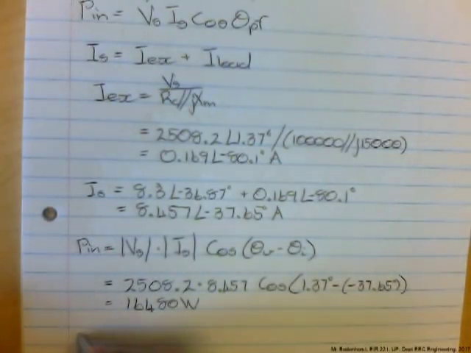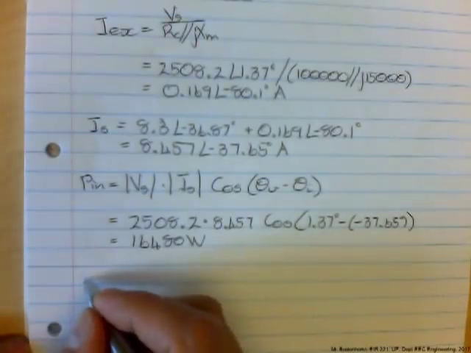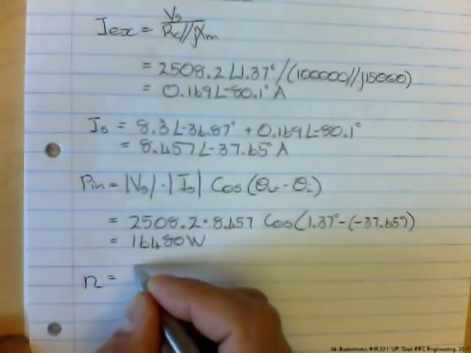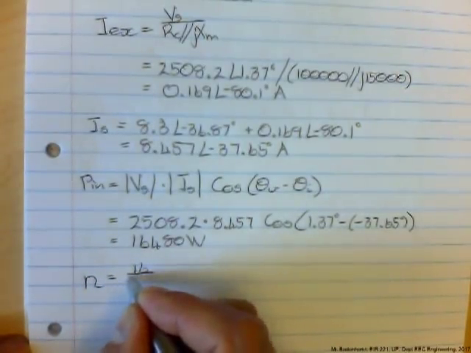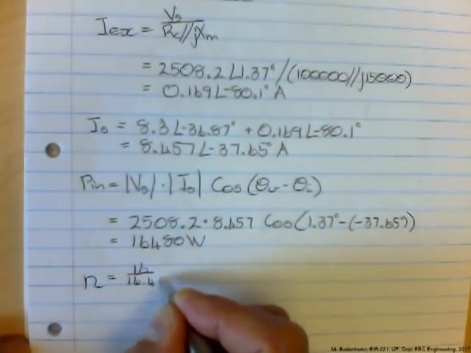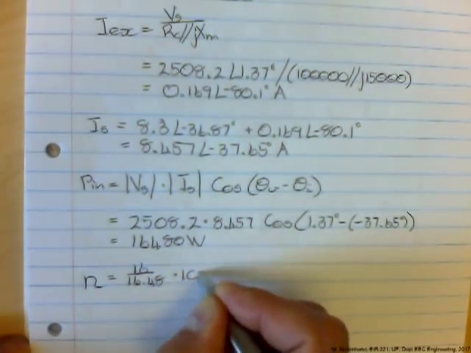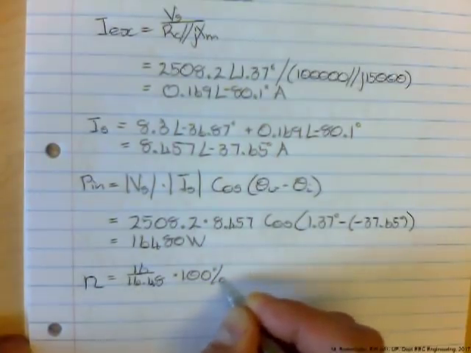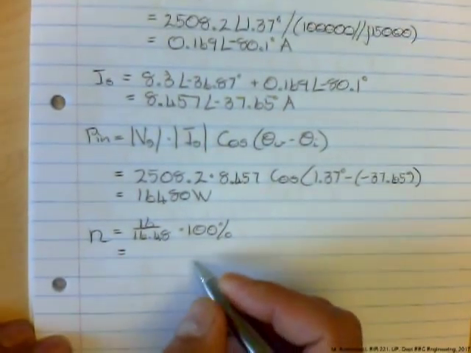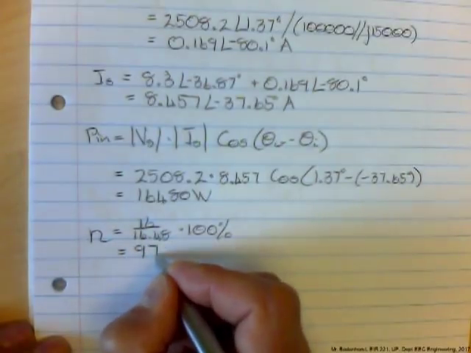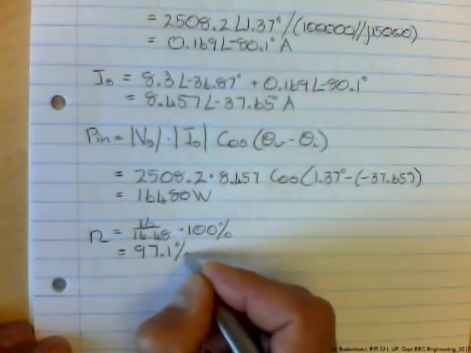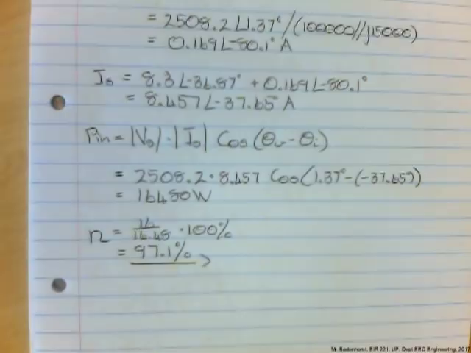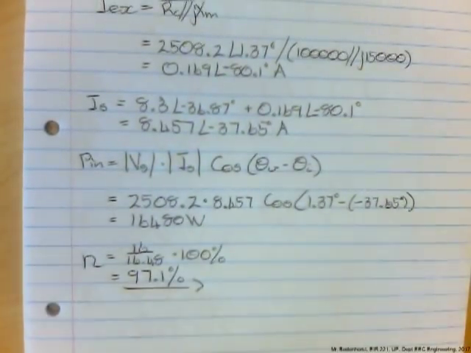So we finally then calculate the efficiency in this way as 16 over 16.48 kilowatts times 100%, and that should then also give you 97.1% efficiency. Alright, so there's two ways of calculating input power, and then with which you calculate the efficiency after we've calculated the voltage regulation. Alright, that's it.